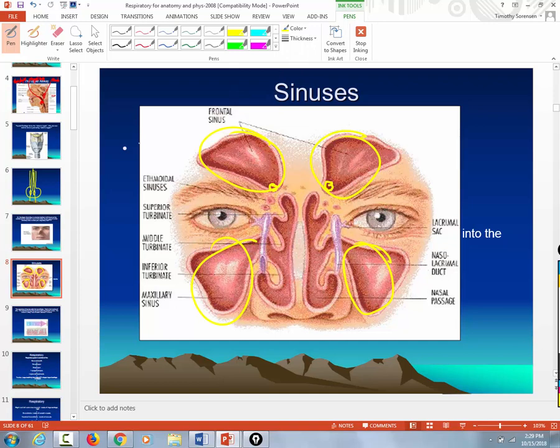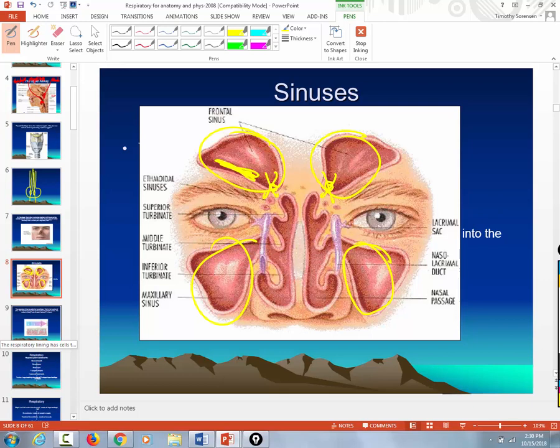But if you have sinus problems, you get inflammation, and those little holes get blocked off. So the mucus is still produced, but it can't be drained. As that mucus builds up, it puts pressure in your sinuses, and that's what produces a sinus headache.